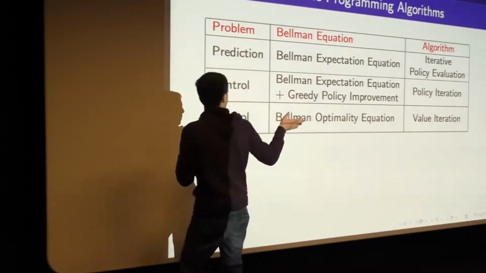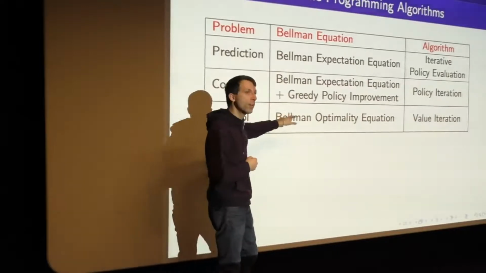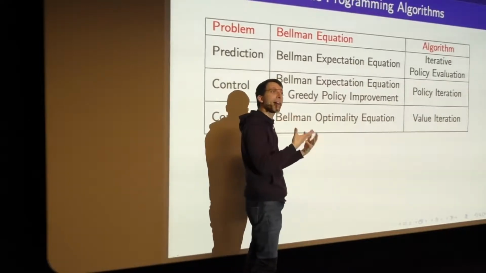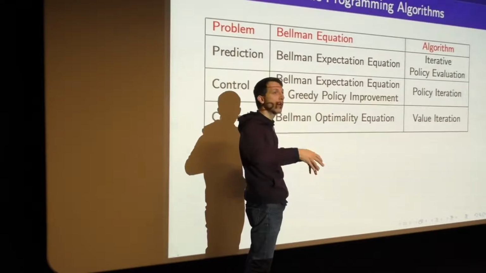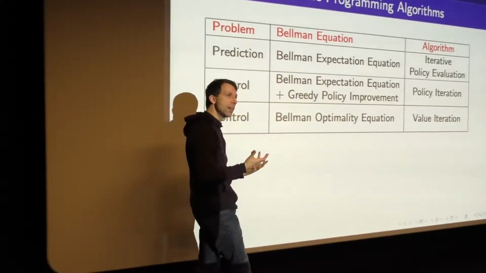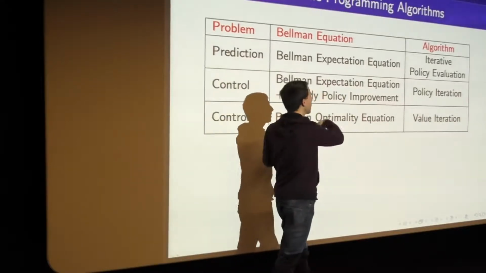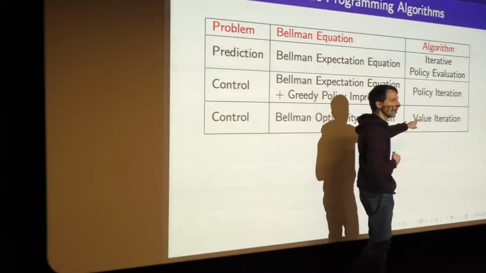And then finally, we moved on to the value iteration algorithm, again addressing control. The Bellman equation we look at now is the Bellman optimality equation with the max in it, which tells us how V star relates to itself, how the maximum reward you can get out of this MDP recursively relates to itself. When we turn this into an iterative update, we end up with value iteration.